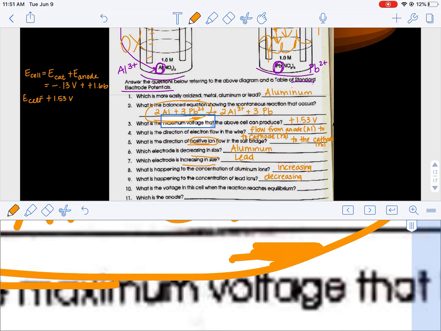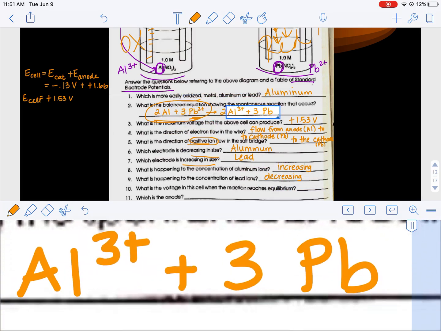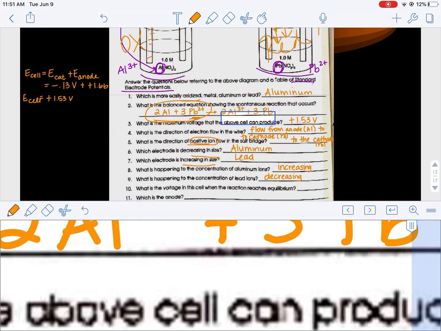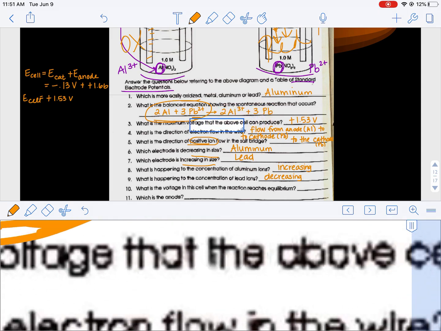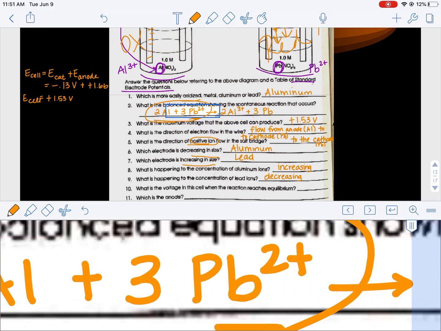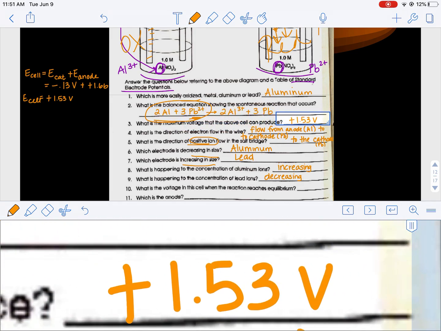A connection question. What is the voltage in the cell when the reaction reaches equilibrium? Well, equilibrium means the rate at which the forward reaction or the reactants are making products and the rate at which the products are making reactants will be the same. When the reaction first starts, our voltage is going to be 1.53 volts.